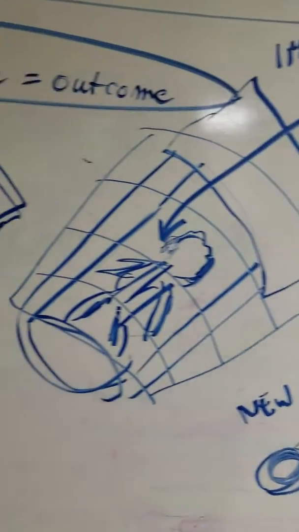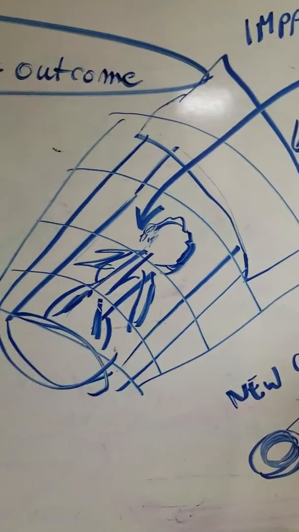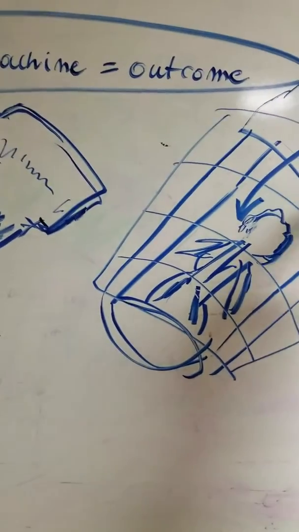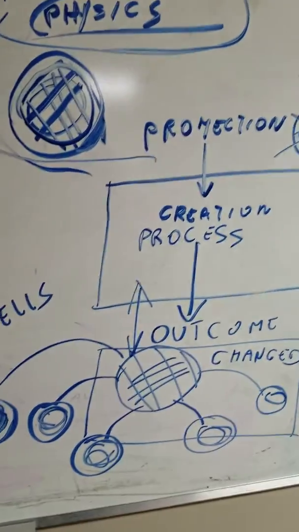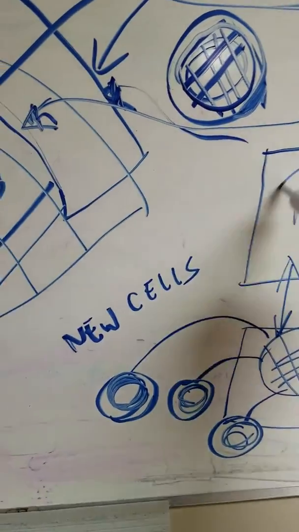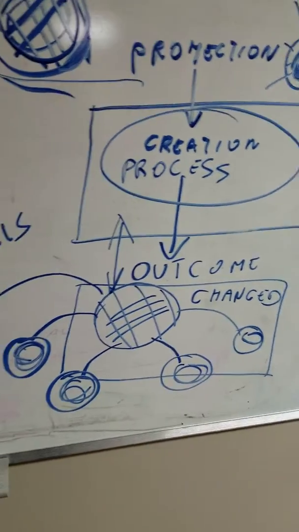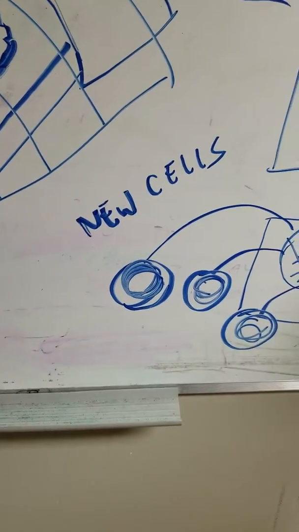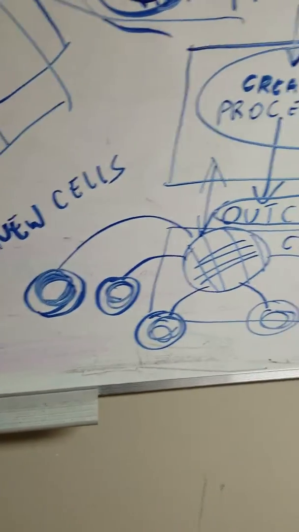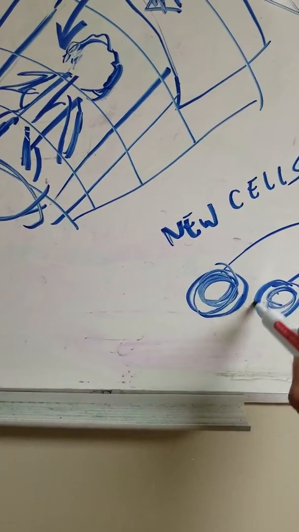And this impact comes again to this machine's projection on the single little organism. And there is creation, which is a process more complicated than I draw here, but obviously I'm not a scientist. I wish to be, because I could describe it better. This is the outcome. And then we basically have the smaller cells.